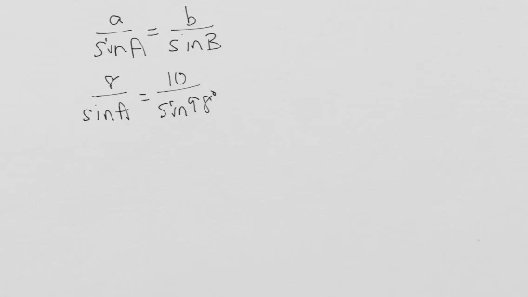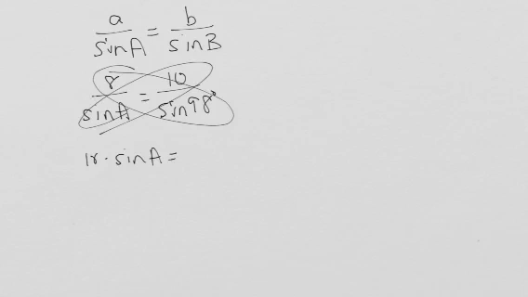All right, so we're looking for a missing piece. We've got two equal fractions, so let's cross multiply. Going this way first, I get 10 times sine of A, and this way, 8 times sine 98. I'm trying to get A by itself, so the opposite of times by 10 is to divide by 10. I can't read my own writing. That's a 10. So the 10s cancel out.